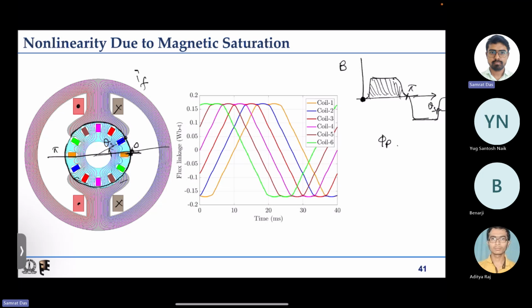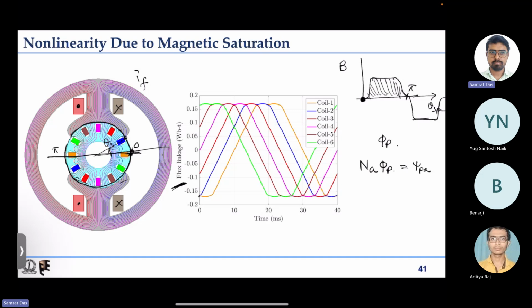Okay, so here I have drawn the flux linkages of the armature coils as the rotor rotates. So what is this flux linkage? If there are some Na number of turns in the armature coil, then Na multiplied by phi p is nothing but the peak flux linkage of the armature coil.